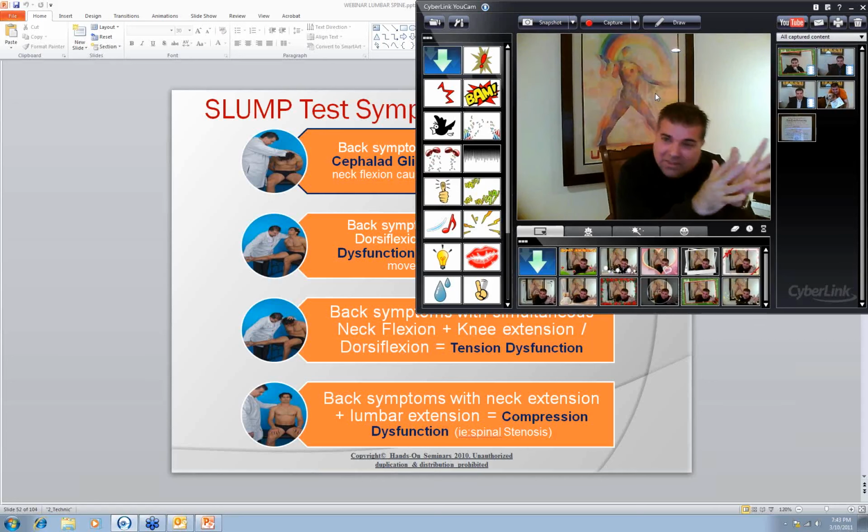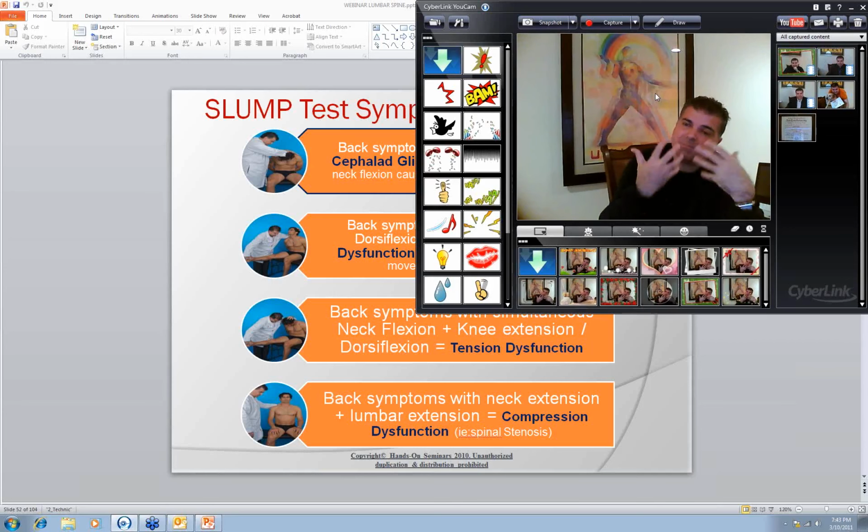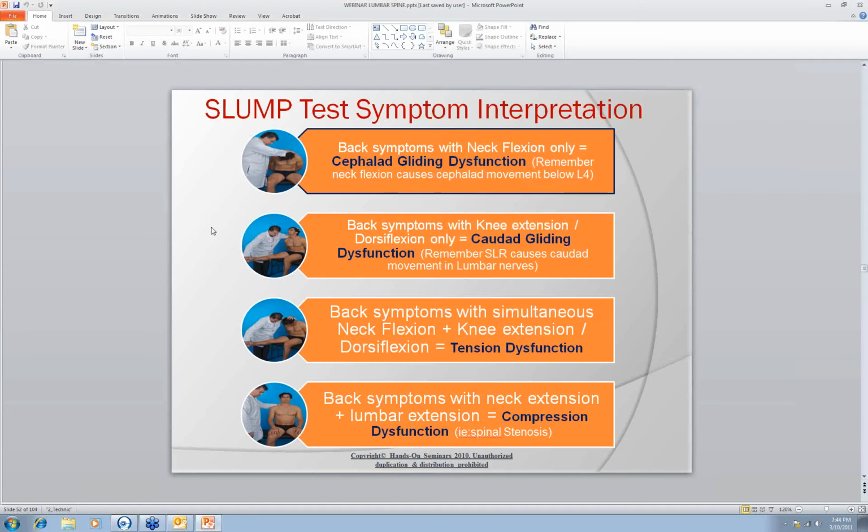But when these physiological properties do not happen properly, that becomes pathology. So when a segment is supposed to glide cephalad and it does not glide, we call this a cephalad gliding dysfunction. When a segment is supposed to glide caudad and it does not, then we call this a caudad gliding dysfunction, and so on and so forth.